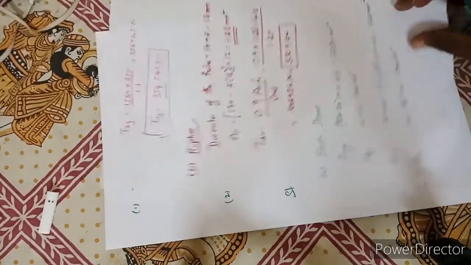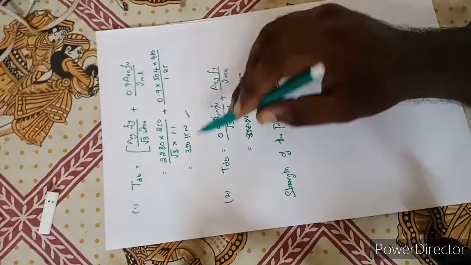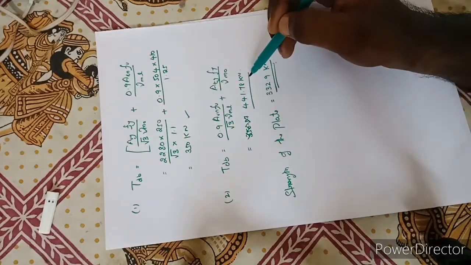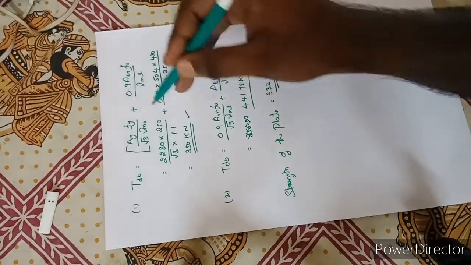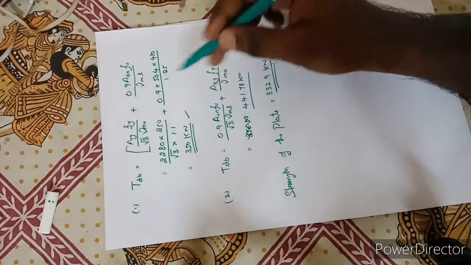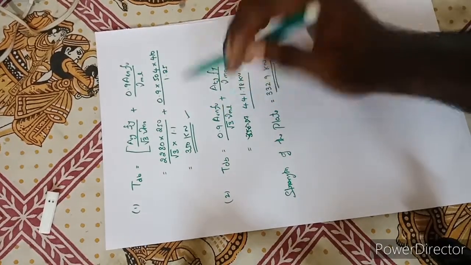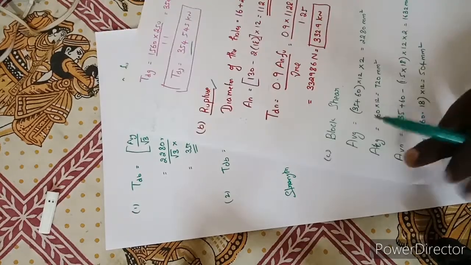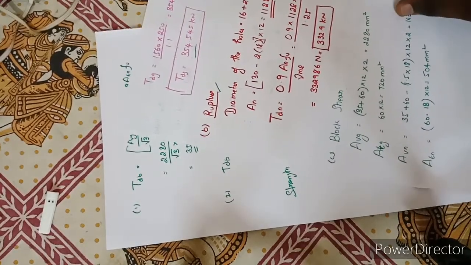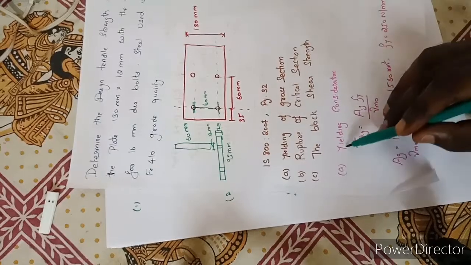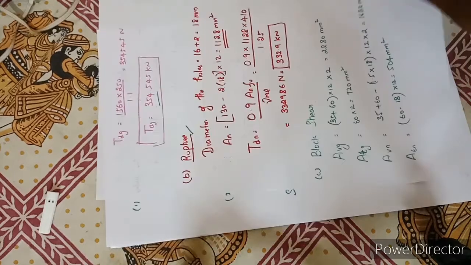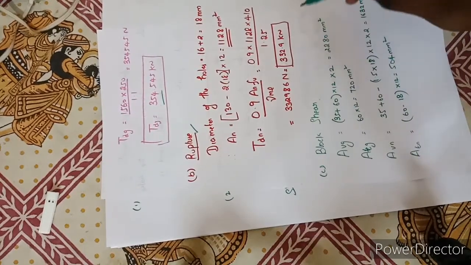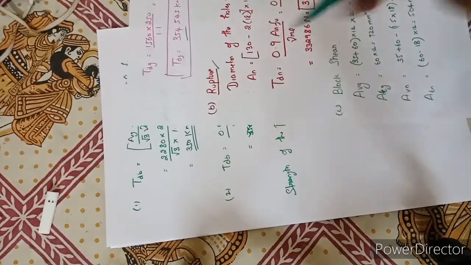For block shear we have 350 kilonewton and 441.78 kilonewton; of these we choose 350 kilonewton because it was the least while comparing the two formulas. And while considering yielding we got 354. So concluding, the least value is 332.9 kilonewton, which we got in rupture.